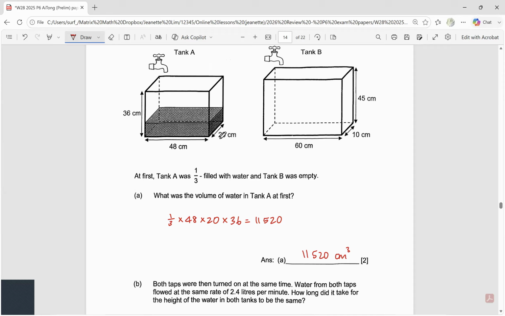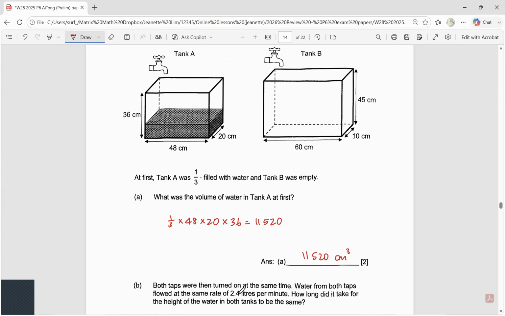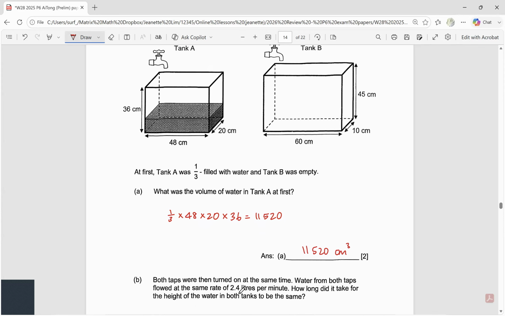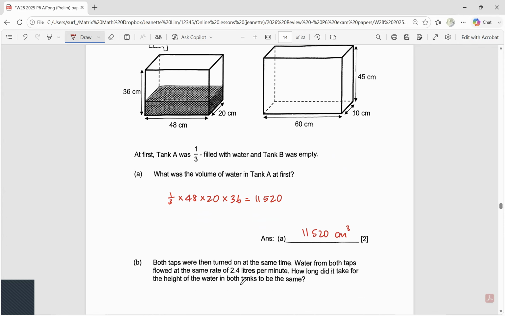Okay, so let's find out in 1 minute what's the water level A will increase by, and then in 1 minute how much will the water level in B increase by. Okay, we have 2.4 liters, which is 2,400 cubic cm. So we take the volume, divide by base area, and you find the height increase.